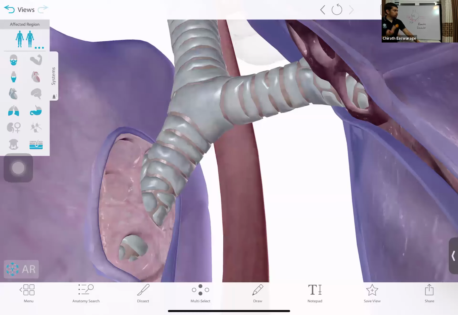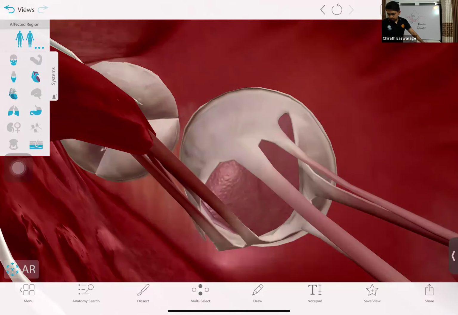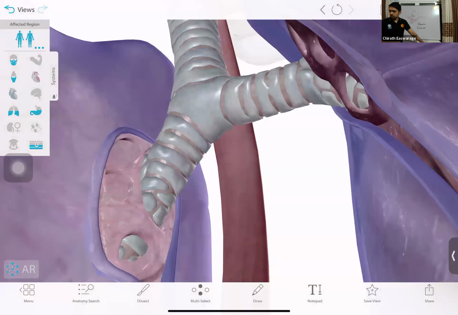The word we use to describe anything related to the lungs is pulmonary.